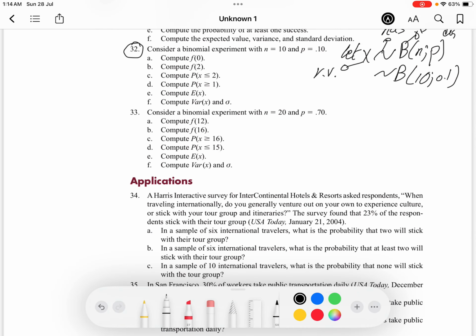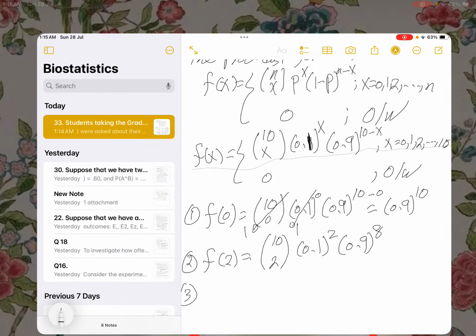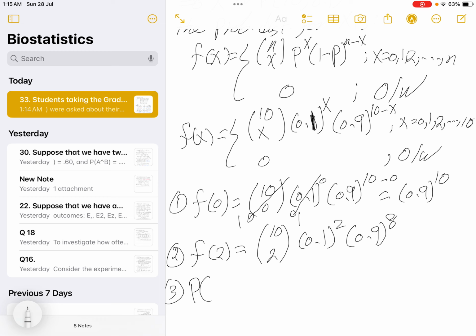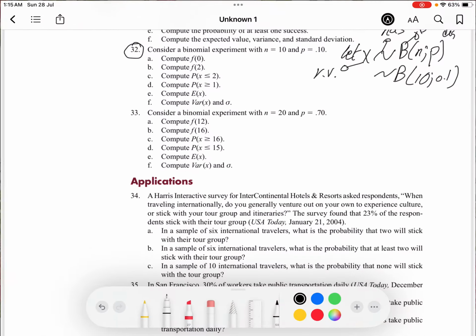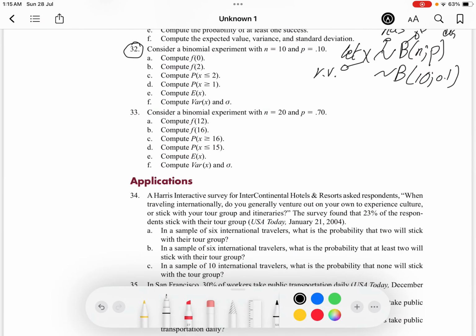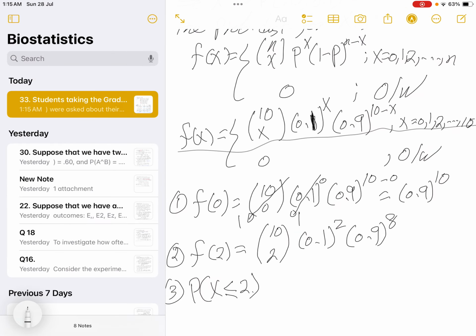Part C, compute probability x less than or equal to 2, or at most 2. Find the probability of x that is at most 2, meaning less than or equal to 2.